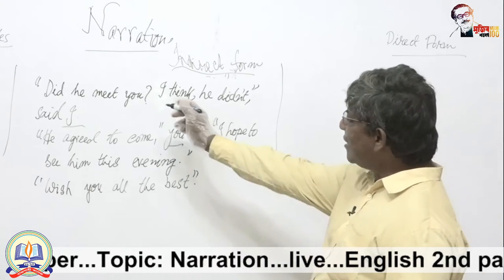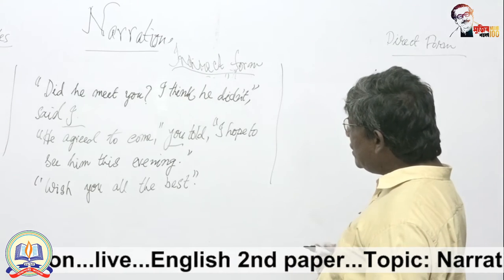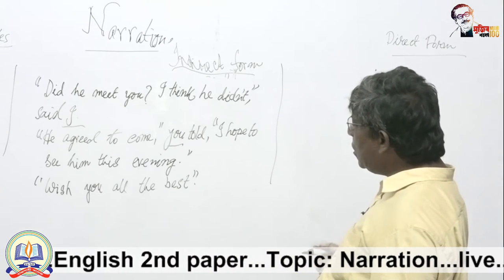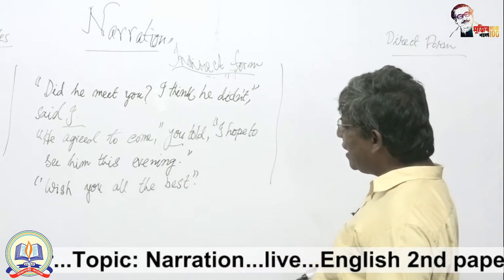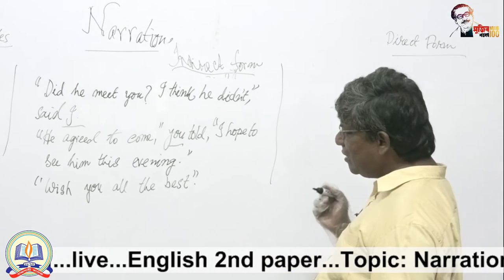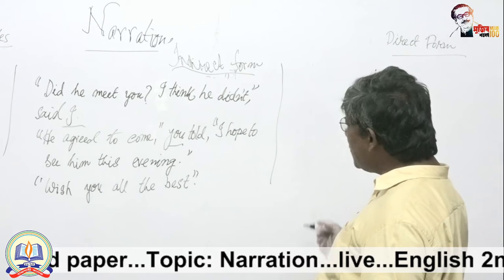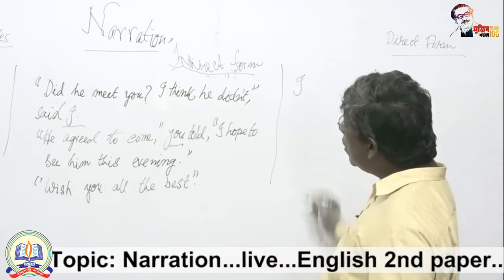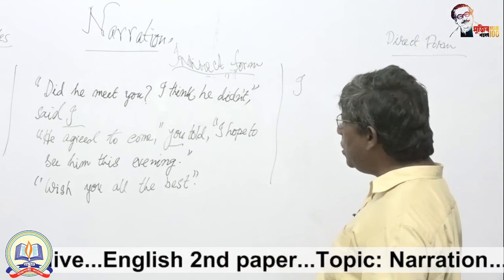To make the sentences in the reported speech direct, we will start with the speaker, the initiator speaker of the initiating speech or the first speech. The speaker is I and I is saying something to you.